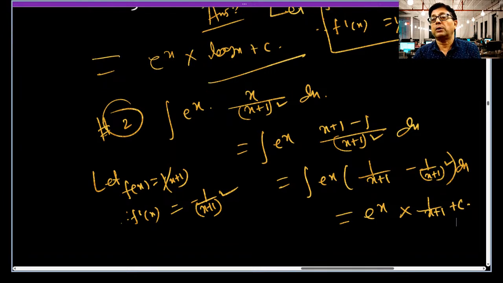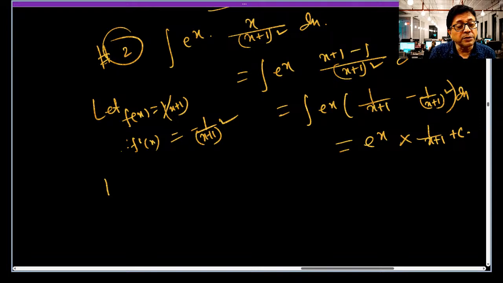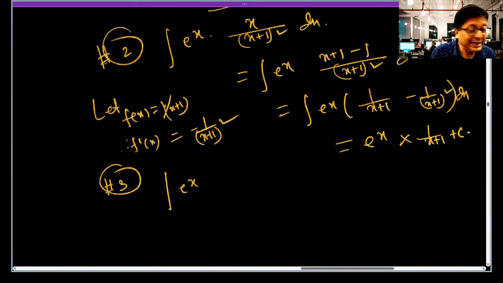Solve 2 more. This form is very important, that's why we must do it properly. Let's see if you can do it or not. Take time.